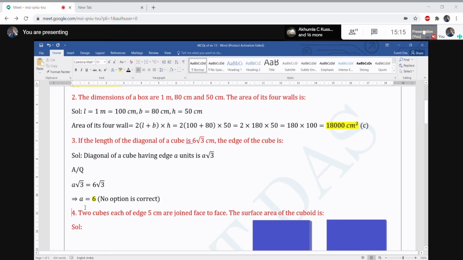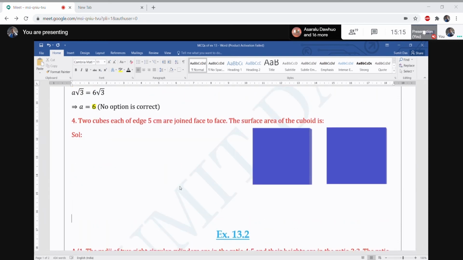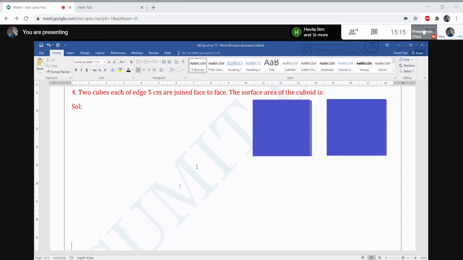Then the next question is a very good question. This kind of question may come as a bigger, broad question. It says that two cubes of edge 5 centimeter are joined face to face. You can see I tried to draw two cubes. One cube is here, another cube is here. If they join face to face, what will be the length? Can you tell me? The breadth and height will not change, only the length will change.